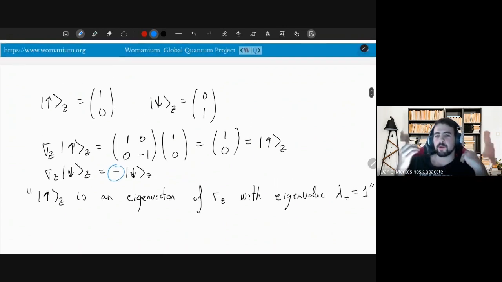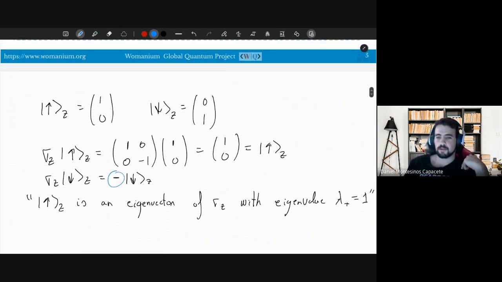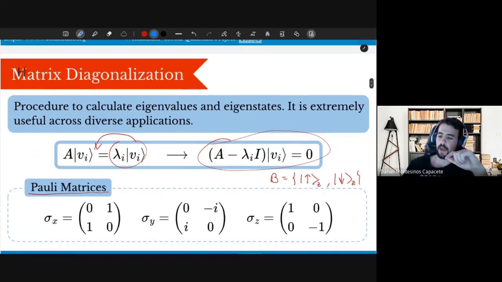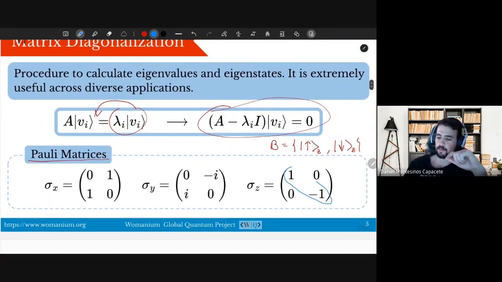So every time you have a matrix in diagonal form, right, that means the only terms that are non-zero are the ones in the diagonal of the matrix. It means that you are writing that operator in the basis that is made out of the corresponding eigenvectors of the operator.